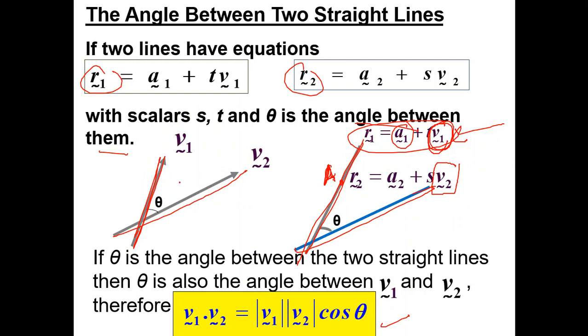So remember the formula: vector a dot vector b equals modulus of vector a times modulus of vector b times cos theta. Now vector a is v1 and vector b is v2, so just replace the symbols.